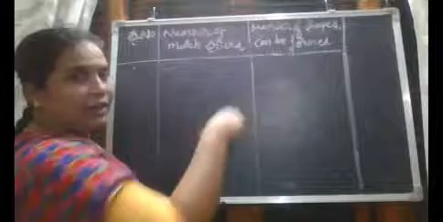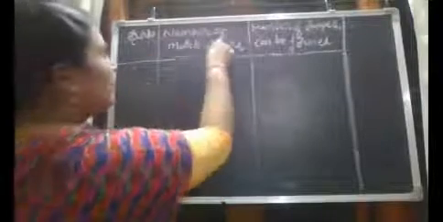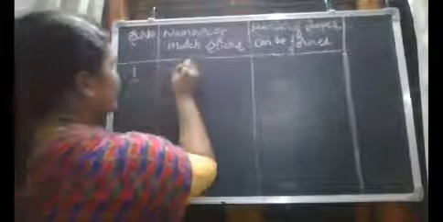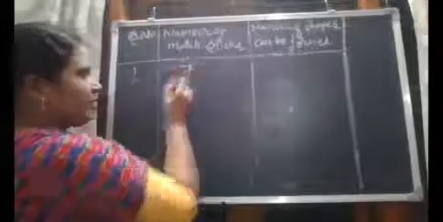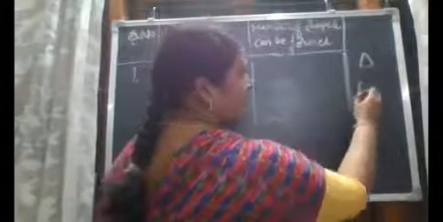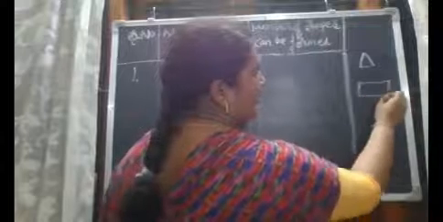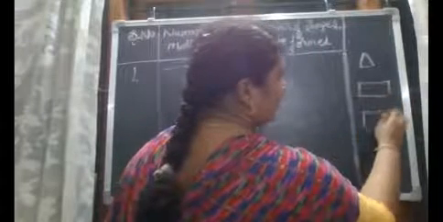So here we have a table: number of matchsticks, and the number of shapes that can be formed. Children, our first number, I took 7. What is our order, children? First triangle, next rectangle, and third one square, isn't it?